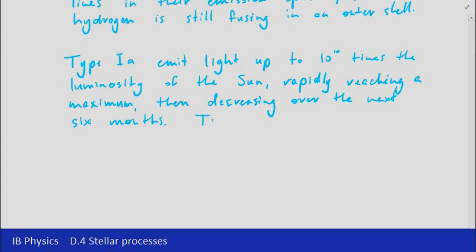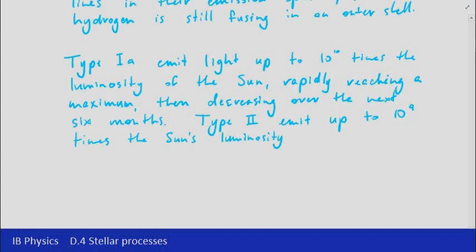Type 2 aren't quite as bright. Like I said, about a factor of 10 smaller. So it's still bright events in the galaxies that they're in. So they do tend to outshine other stars in their galaxies. They emit up to 10 to the 9 times the sun's luminosity. And there's also a bit of a difference in the way that the light fades over time.